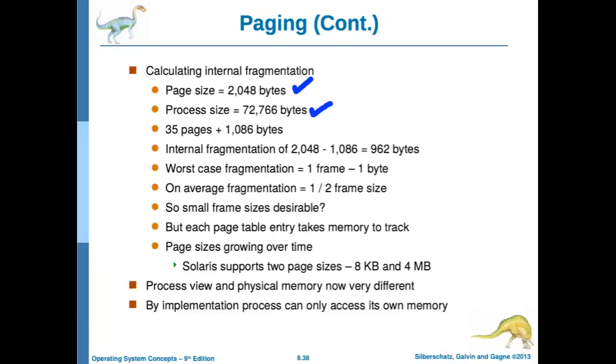Now if I subtract the size of the process, that is 72766, you will come to know that 962 bytes is the internal fragment.